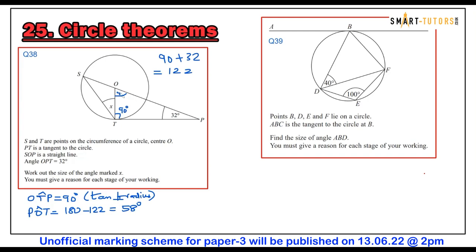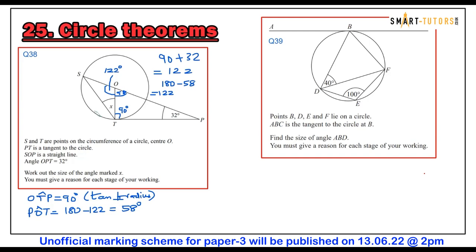This angle we already found out. Then once we find the POT, we can find this angle. 180 take away 58 is going to be 122 as well. So this is 122 degrees.